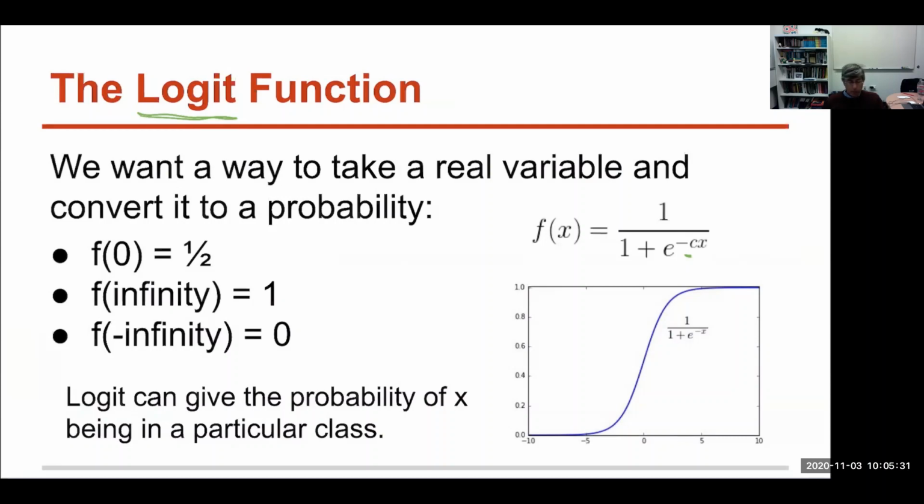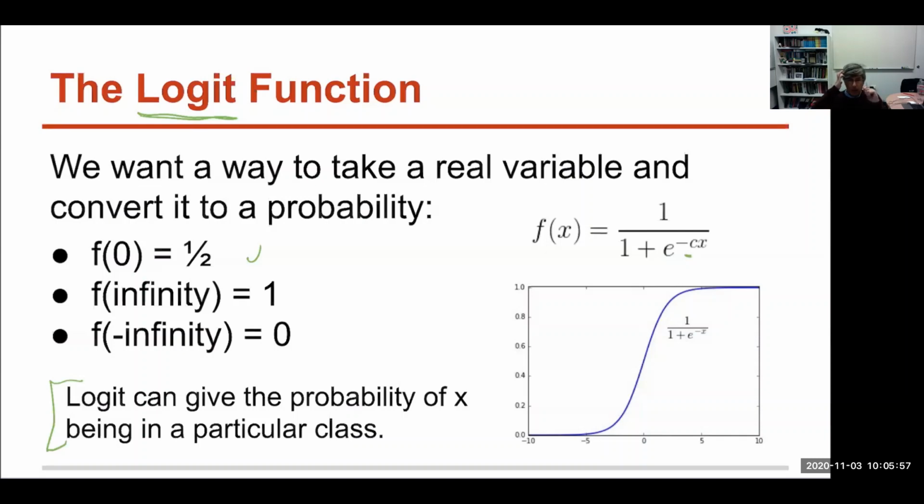The property we want is that when x is 0, the probability is going to be a half. Again, we're going to think of the logit function as telling us what is the probability that this value x is positive.